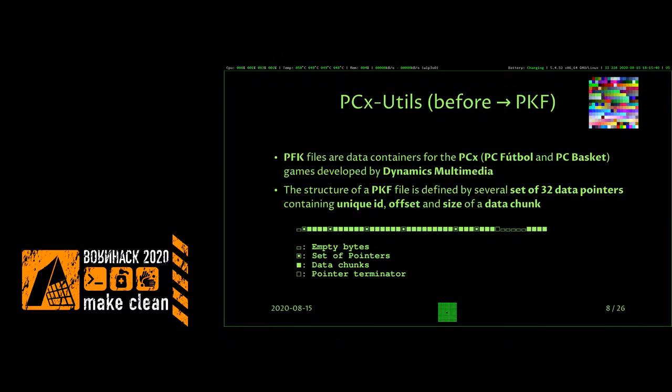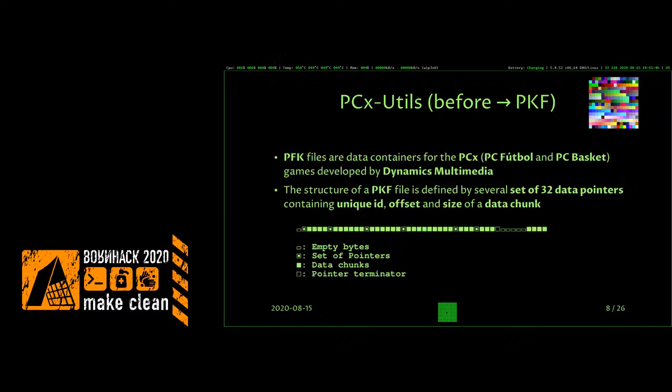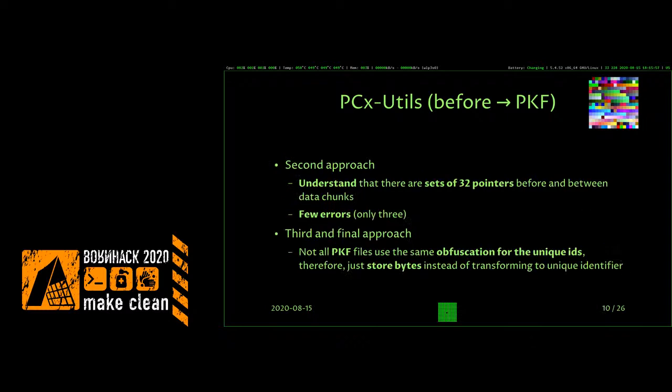So this made it even easier, because once I noticed that there are some pointers, and the pointers have some data chunks at the end, there's some kind of terminator, some empty bytes, and then just the last data. Once I realized that, I only had 3 errors when I was running my parser. And I discovered that there might be some intended bugs.